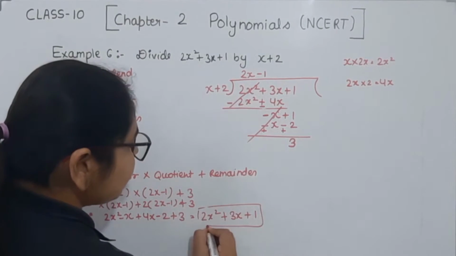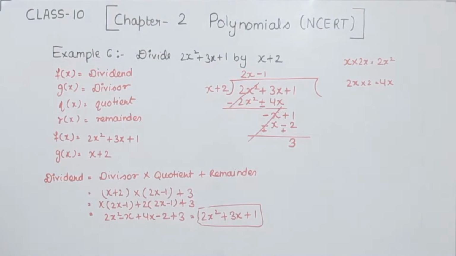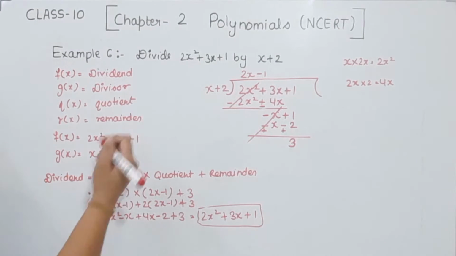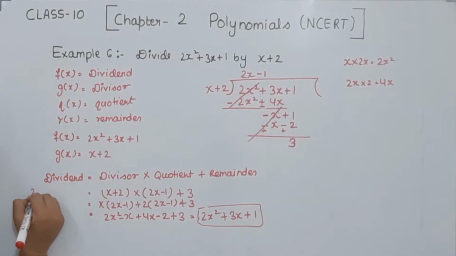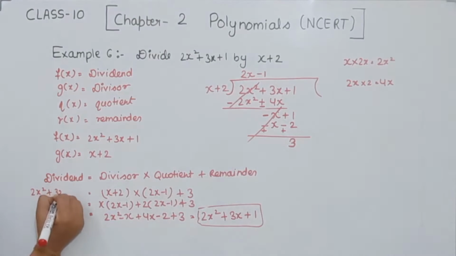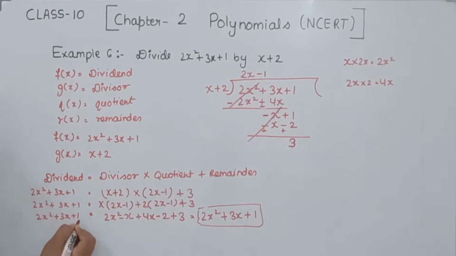So this one is the dividend, and this is the same dividend here. First of all, I am going to write this one here: 2x square plus 3x plus 1, and 2x square plus 3x plus 1. So this one is verified. Dividend is equal to divisor multiplied by quotient plus remainder. So this was example number 6.